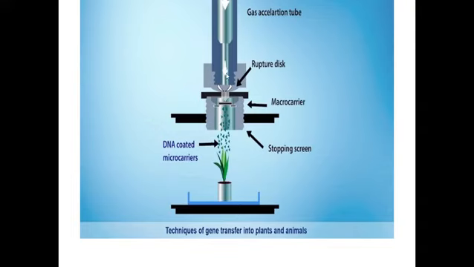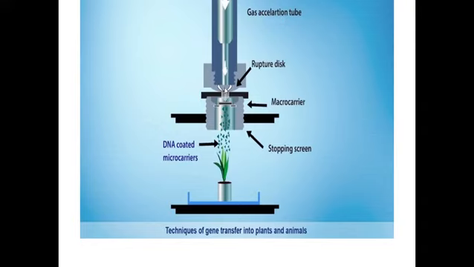When we fill the capillary tube with target DNAs, the target DNAs are coated with different types of carriers. Above this capillary tube, the gas acceleration tube is present.